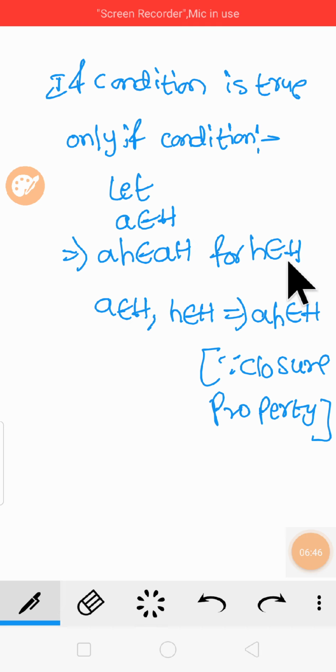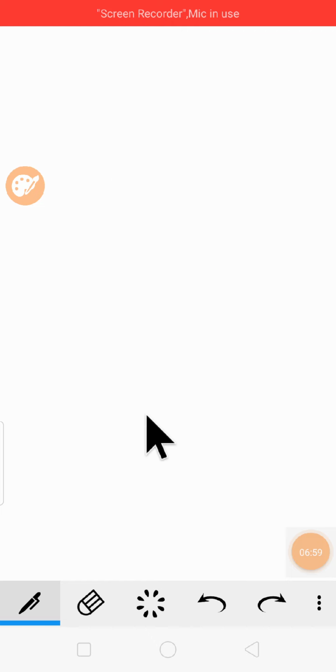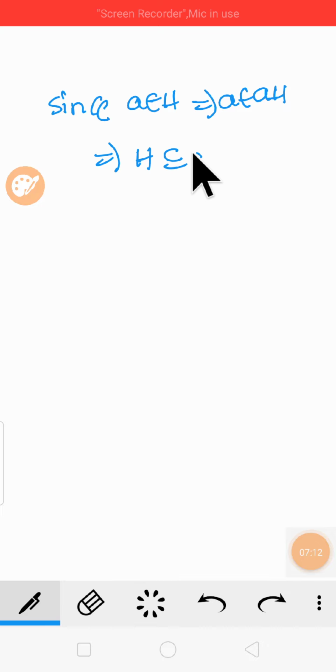Here ah belongs to aH, and ah belongs to H, implies aH is a subset of H. Since a belongs to H implies a belongs to aH, implies H is a subset of aH.